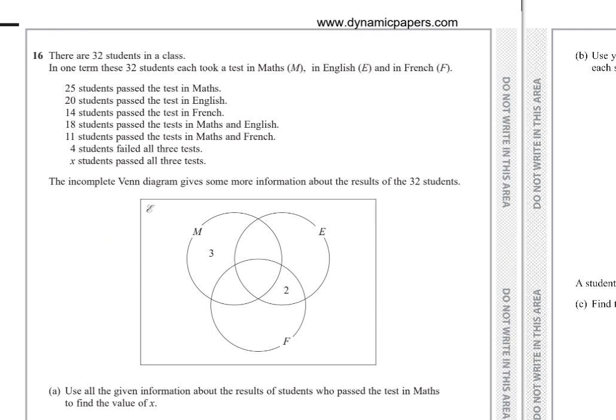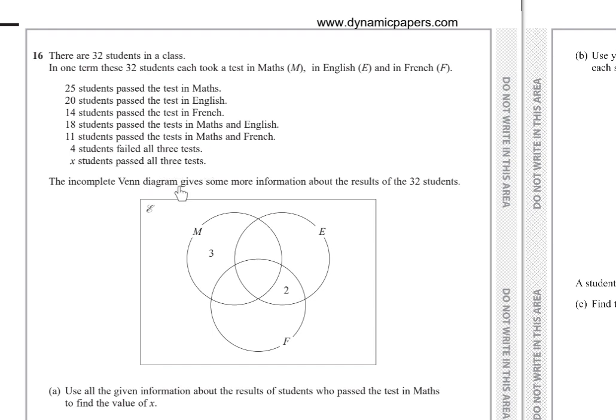Number 16. There are 32 students in a class. In one term, these 32 students each took a test in math M, in English E, and in French F. 25 students passed the test in math, 20 students passed the test in English, 14 students passed the test in French, 18 students passed the test in math and English, 11 students passed the test in math and French, 4 students failed all the 3 tests, X students passed all 3 tests.